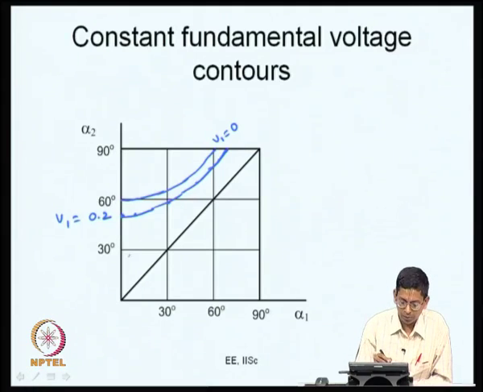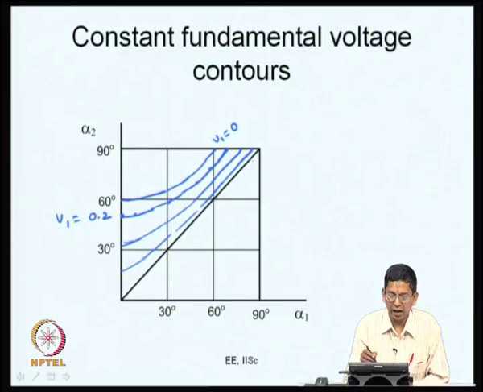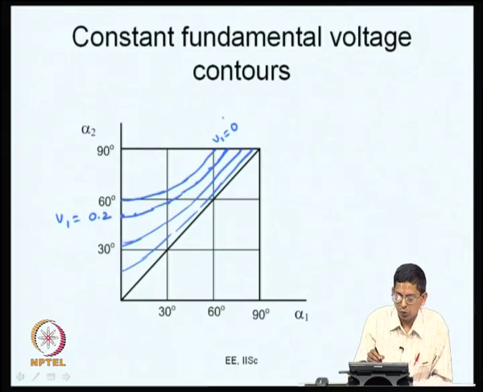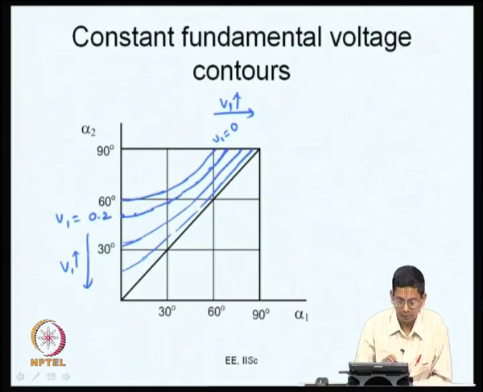So, if you look at something like 0.6 or so, you may get another curve like this. You may get a third curve, you may get more curves like this. So, these are higher and higher values of V1. So, V1 goes on increasing along this line, V1 is increasing. Similarly, when you come down this line, V1 is increasing.